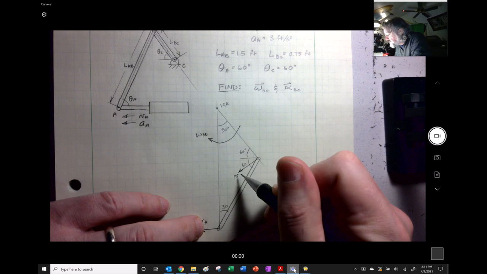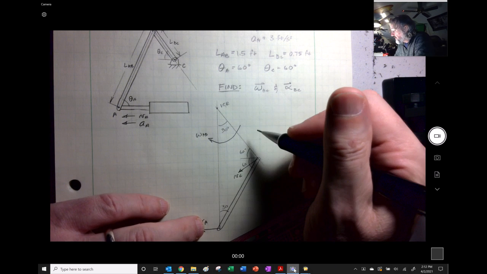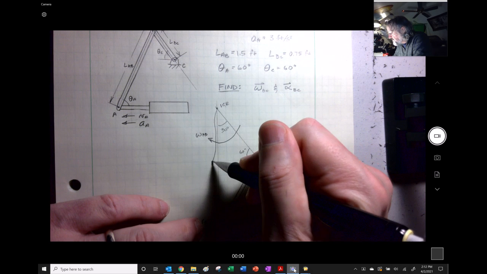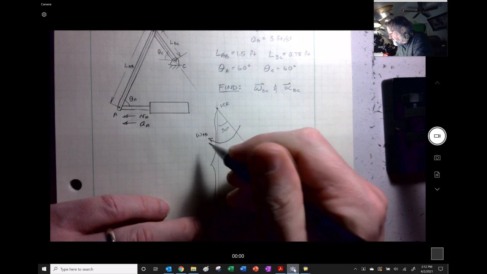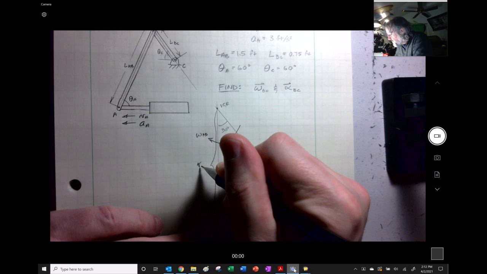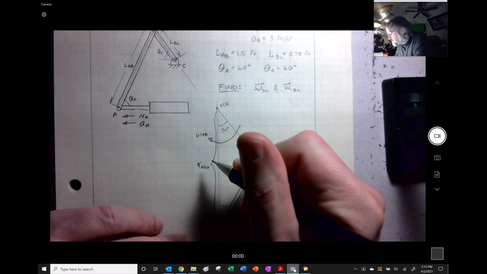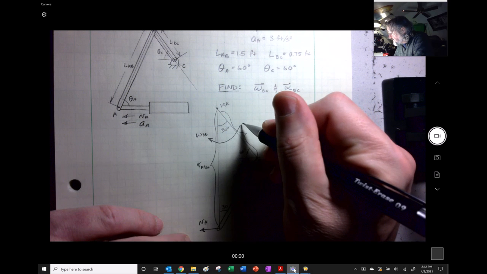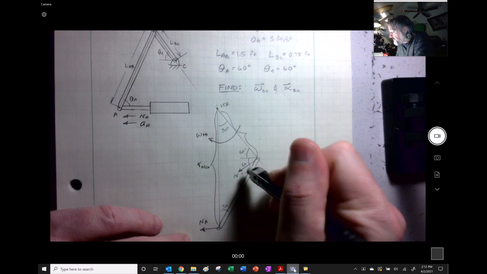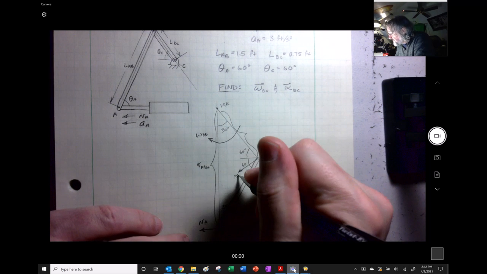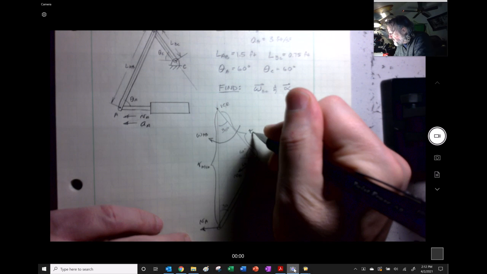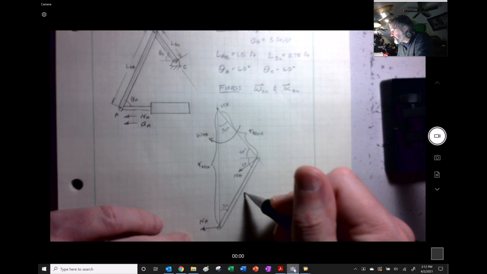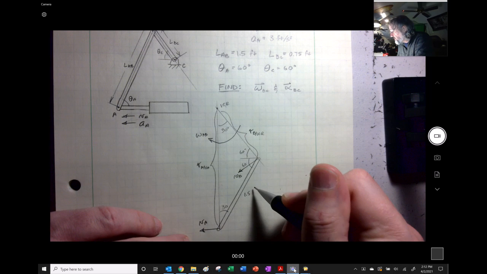So there's the velocity of B right in here, and we put the RA with respect to ICR. Oh, I said VC, it should be VB. This should be RB with respect to ICR. And this distance, LAB, is 1.5 feet.